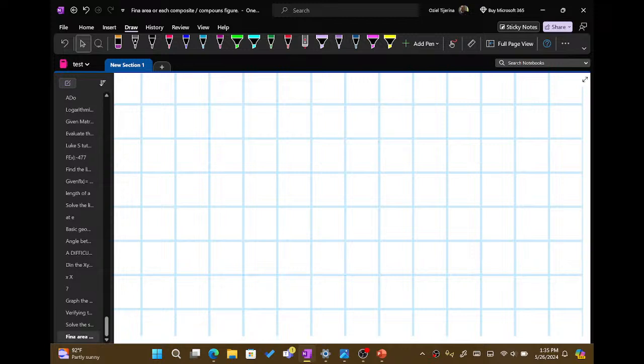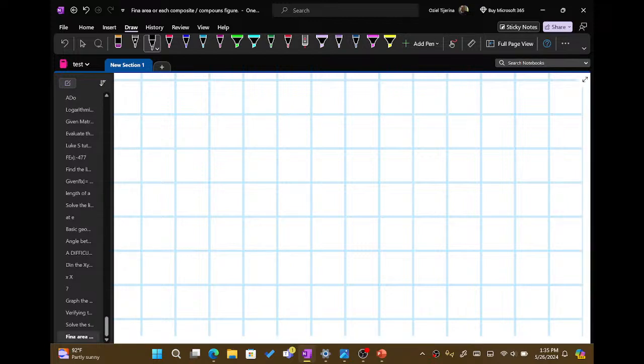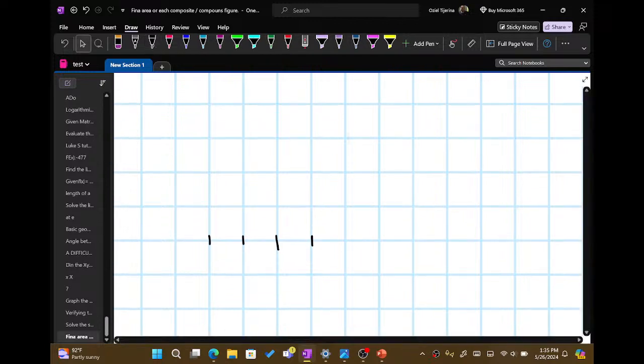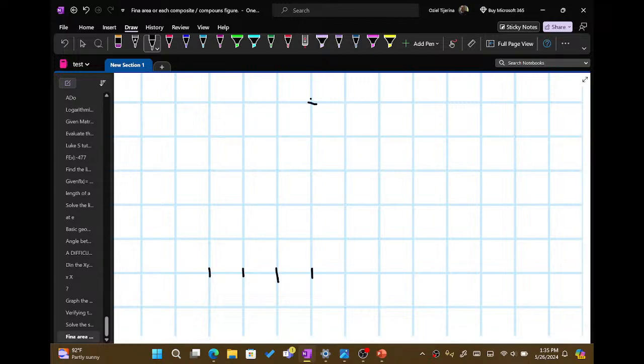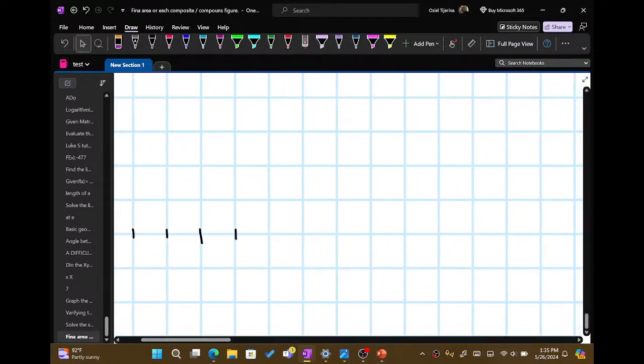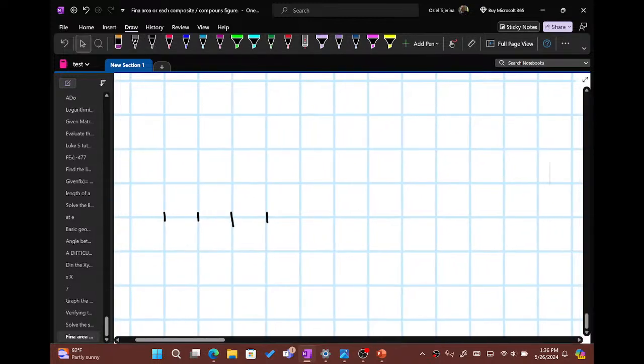Here's what I'm gonna do. The only reason why I'm putting lines, guys, is because I want to make sure that I'm drawing this correctly.